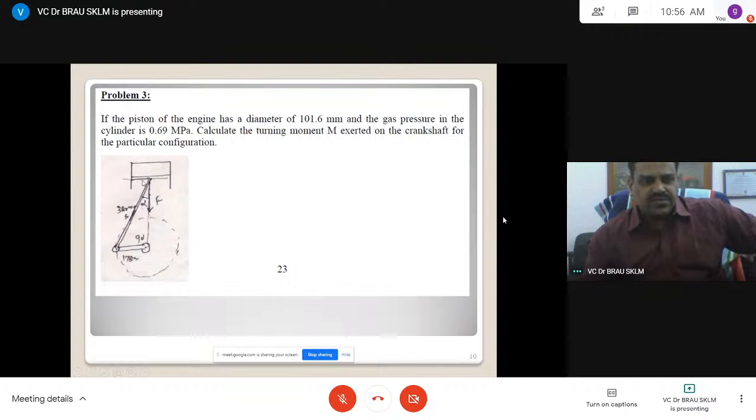Sin alpha, if it is a right triangle, 90 degrees, opposite side by hypotenuse. This sin alpha is equal to adjacent side by this particular length. From this, find out this value. Okay, so that's what we are represented here.